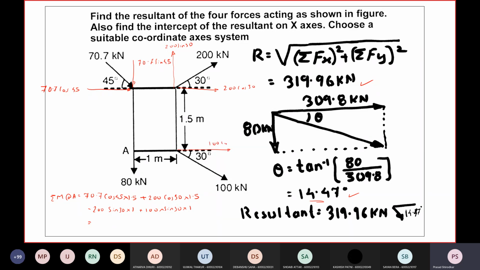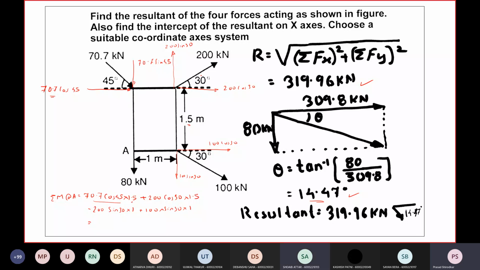This is 100 cos 30. This is 100 sin 30. So now let's take moment of all these forces one by one. Let's start with 70.7 cos 45. That is in clockwise direction. So force into distance, 70.7 cos 45 into distance 1.5. That's why the first term.